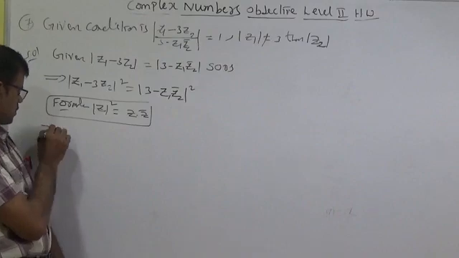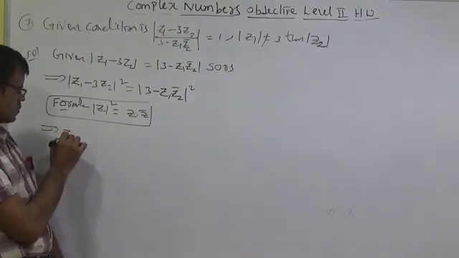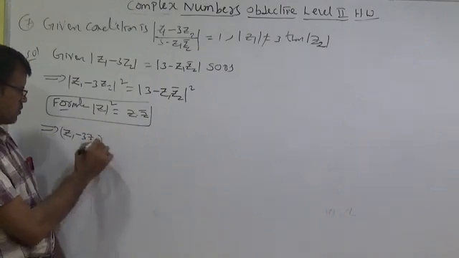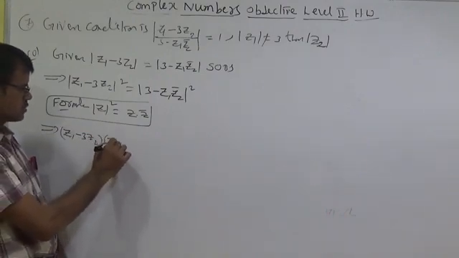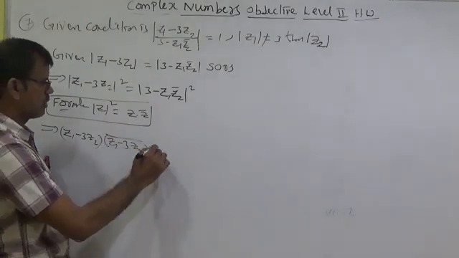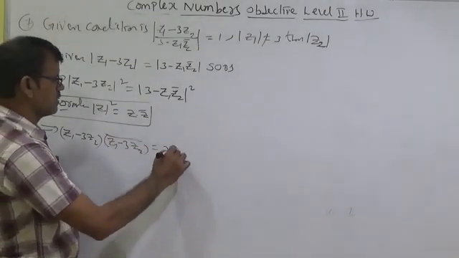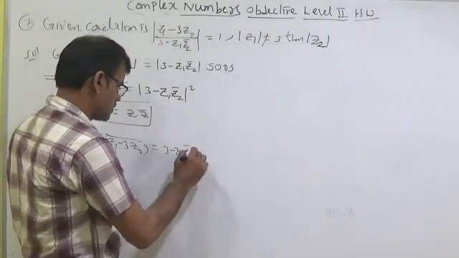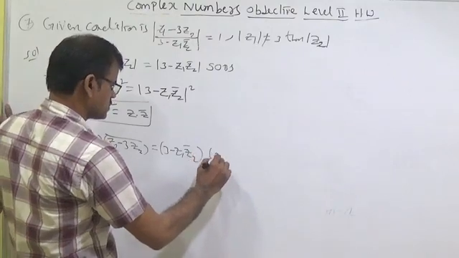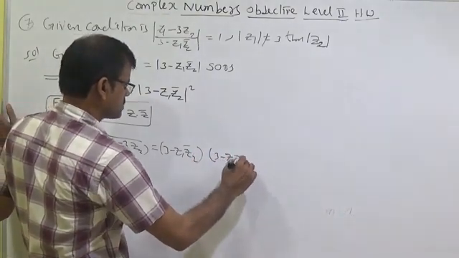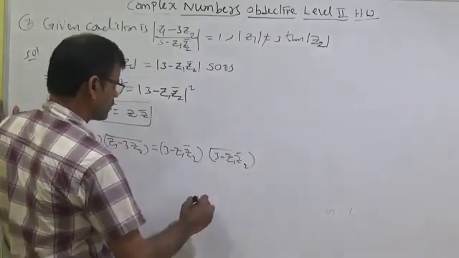So Z1 minus 3Z2 is a number, and its conjugate, Z1 minus 3Z2 whole bar, is equal to, in the similar way, 3 minus Z1 Z2 bar into 3 minus Z1 Z2 bar whole bar.